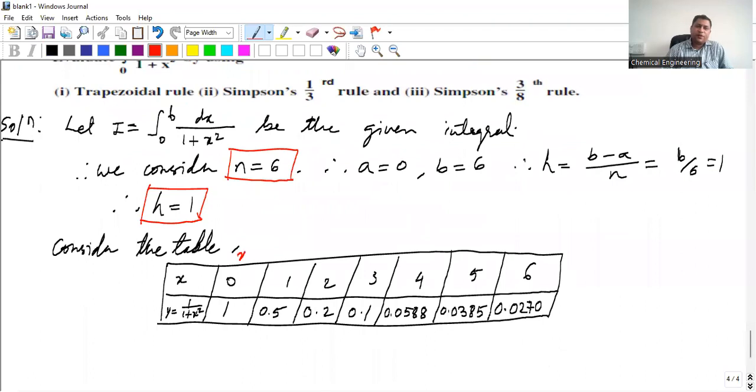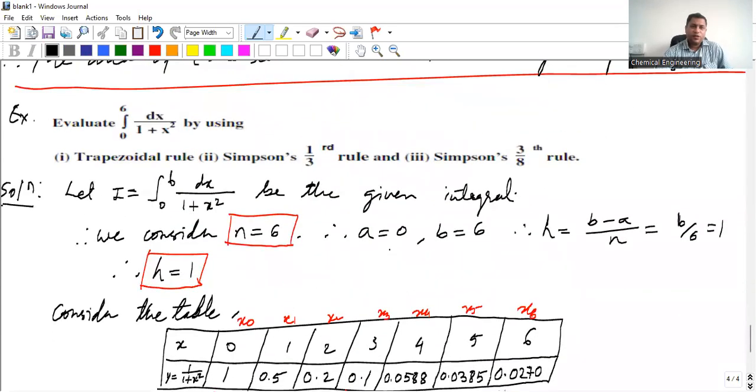And hence what will you have here? x0, x1, x2, x3, x4, x5, x6. You can mark this by pencil also. So y0, y1, y2, y3, y4, y5, and y6. We know the odd terms and even terms. Now first we'll consider this value by the trapezoidal rule.